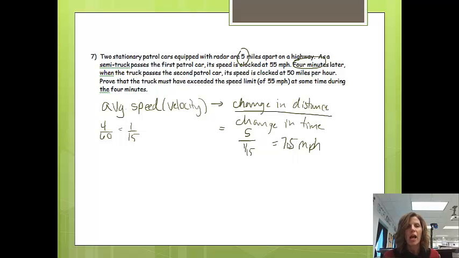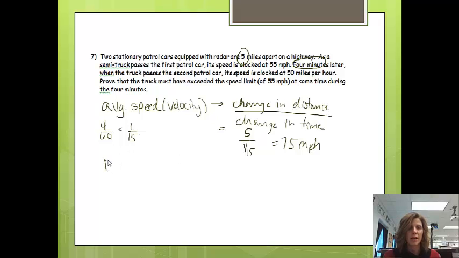Assuming that this is a continuous function, the truck is not making any sharp turns or anything like that, just nicely going on the highway, then the mean value theorem tells us that there is somewhere where the average speed is going to equal the instantaneous speed.